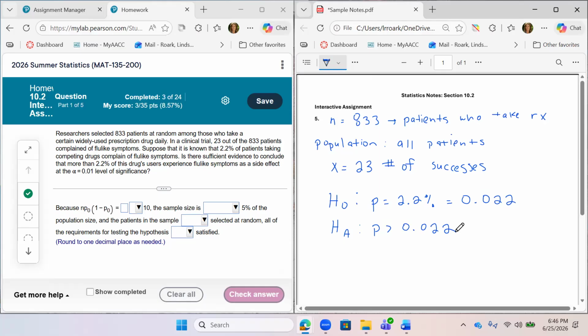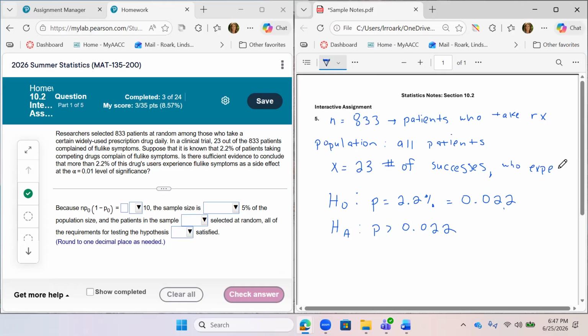I know that's a lot of information, but this is what I would recommend you start writing down, because it is a lot to keep track of, and going back and forth, clicking around, maybe going to StatCrunch, can be very overwhelming. Write down the sample size, and what we're even talking about: the patients who take this prescription. X is the number of successes, and if I were a real studious person, I would note these are people who experience these symptoms.